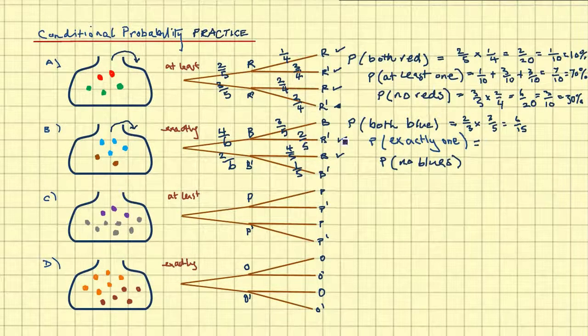So we've got 4/6 times 2/5, so we've got 2/3 times 2/5, plus this branch here. So 2/6 is 1/3 times 4/5.